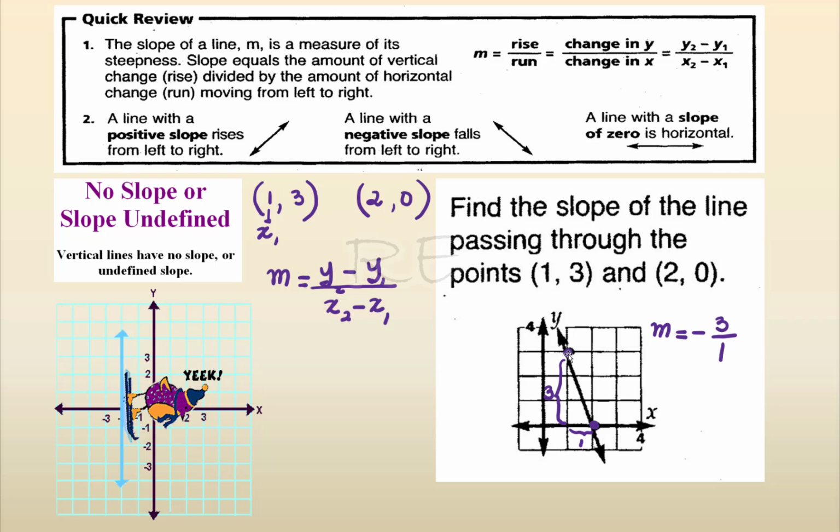This is x1, y1, (1, 3), and that one will be x2, y2, (2, 0). So the slope is (0 minus 3) divided by (2 minus 1), which is -3 over 1. We get the same answer. So the slope is -3.